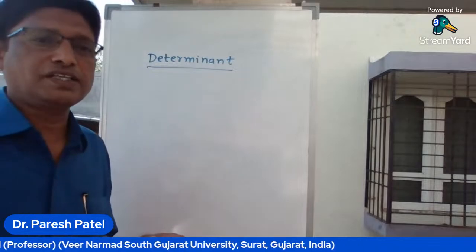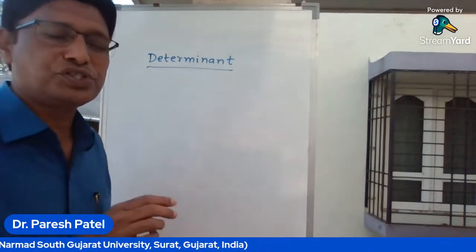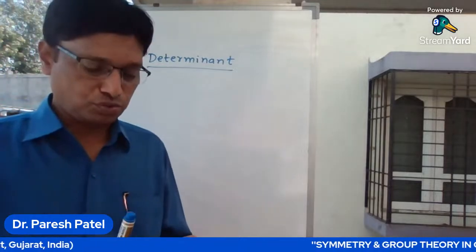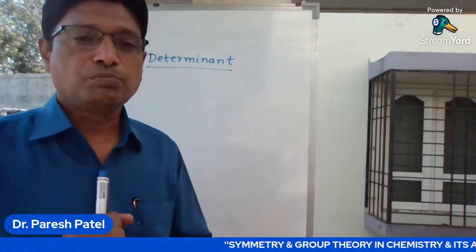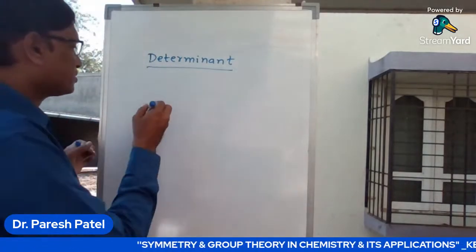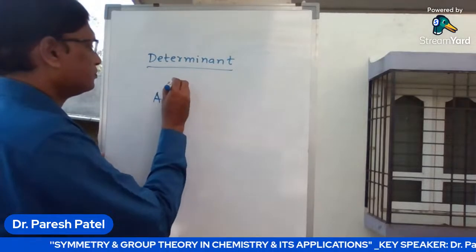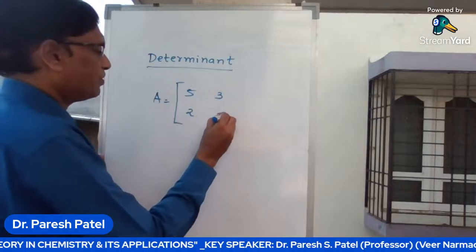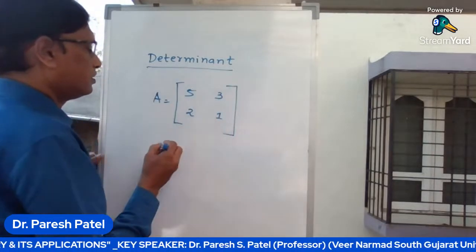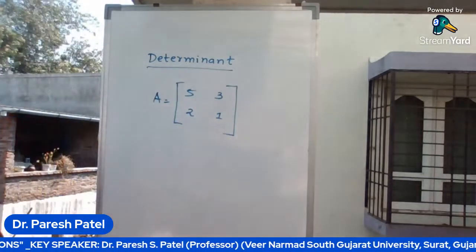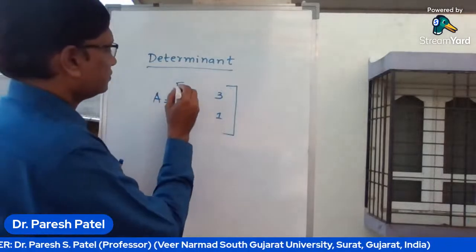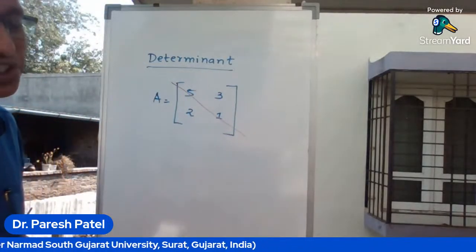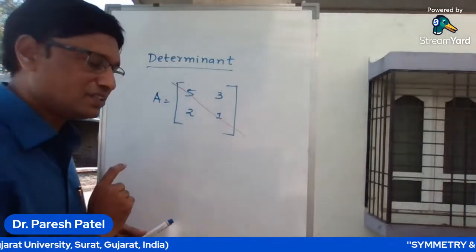Now, how do we find the determinant of a matrix? To find the determinant, the methods for two-dimensional and three-dimensional matrices are different. In the two-dimensional case, A is equal to 5, 3, 2, 1.